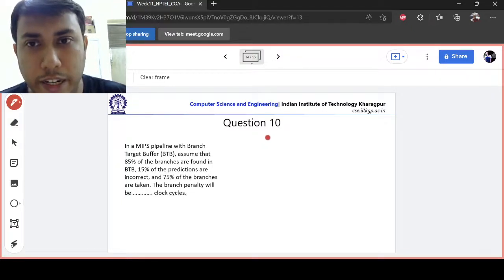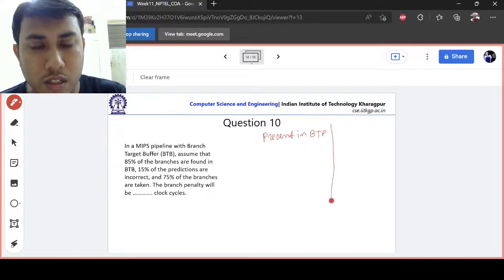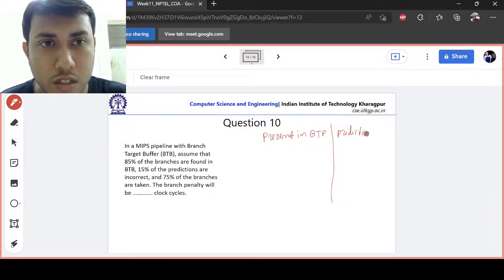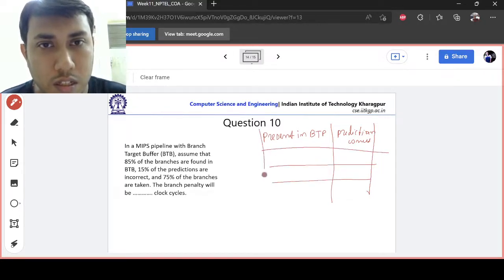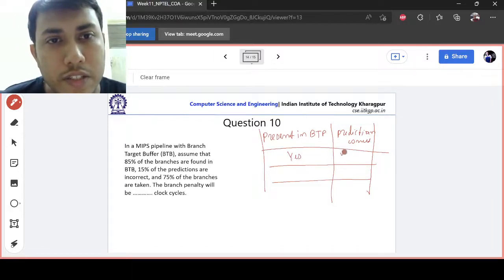So let's make a table. Present in BTB, prediction correct. Yes, prediction correct is yes.